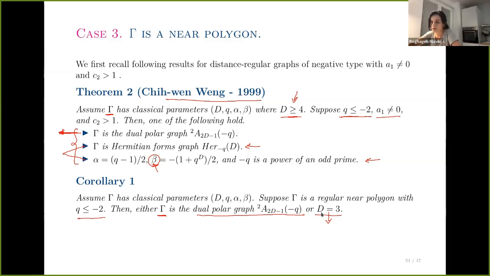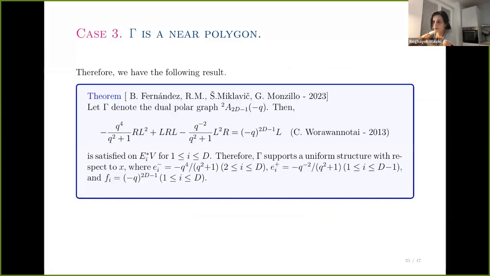For the case of dual polar graph, we have this result. Assume that the graph is a dual polar graph. Then we showed that this equation, which was given by Terwilliger in 2013, is satisfied on E_i* V, and so the graph supports a uniform structure with respect to X. Here, we used the definition of uniform structure.